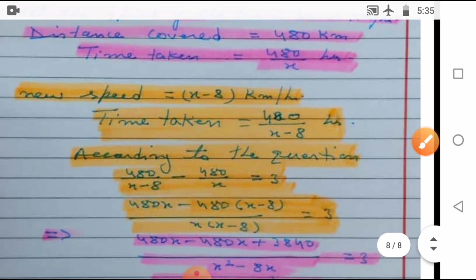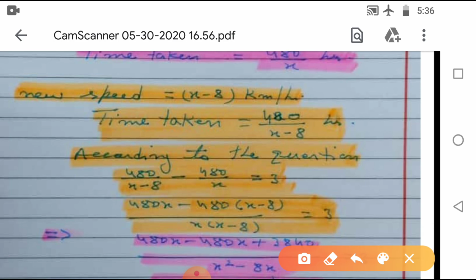When the speed is decreased by 8 kilometers per hour, the time taken is 480/(x - 8). But this time is 3 hours more than the previous time. So, 480/(x - 8) - 480/x = 3.